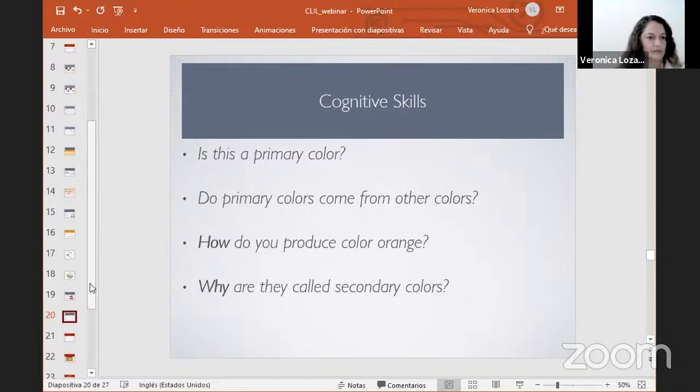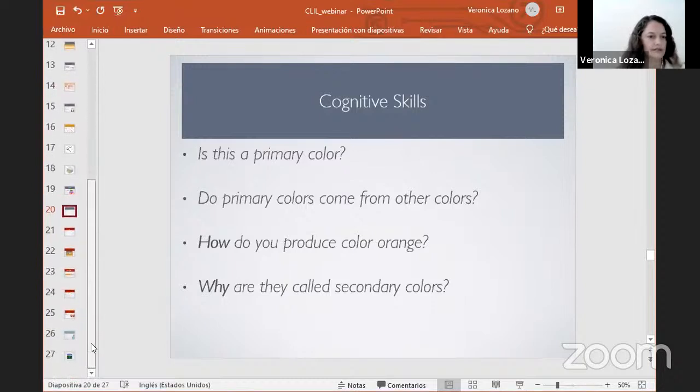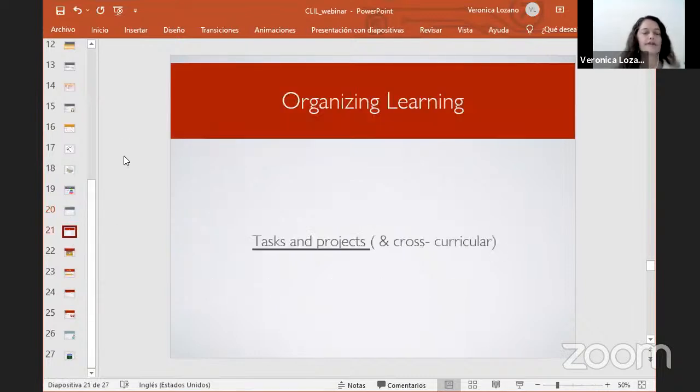Okay, moving on. So, we already looked at some ways to support language. We already looked at some ways to support content, but another very important aspect here would be to organize this.